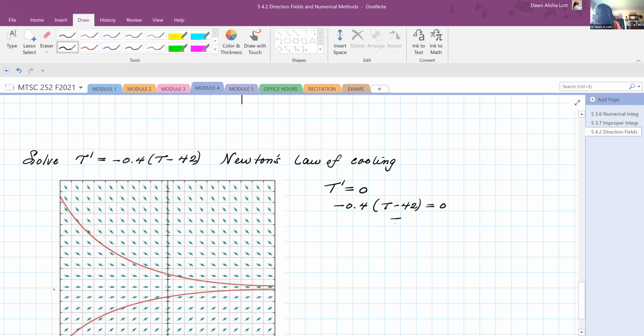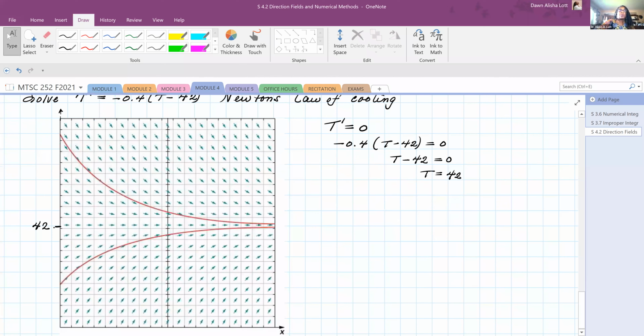So T minus 42 would equal 0, and T would equal 42. So where the slope is 0 is right at this point, where T is 42. That is called an equilibrium point.